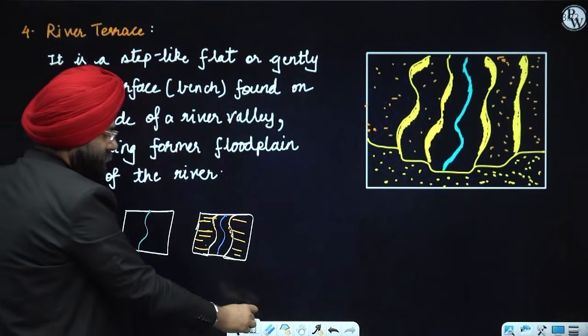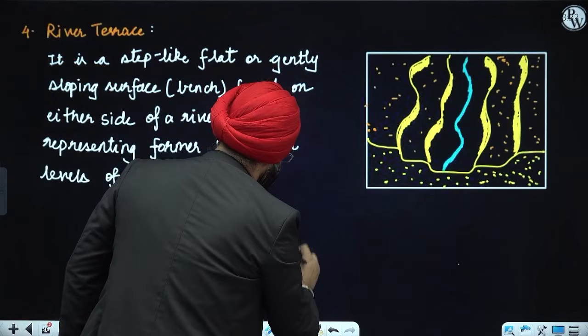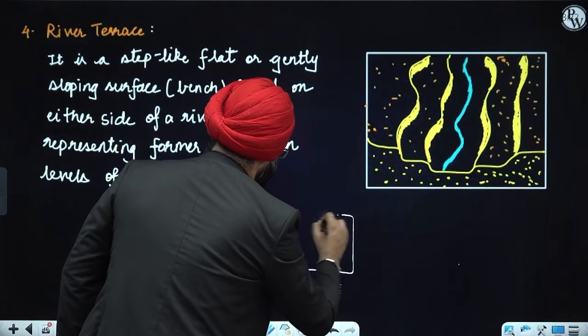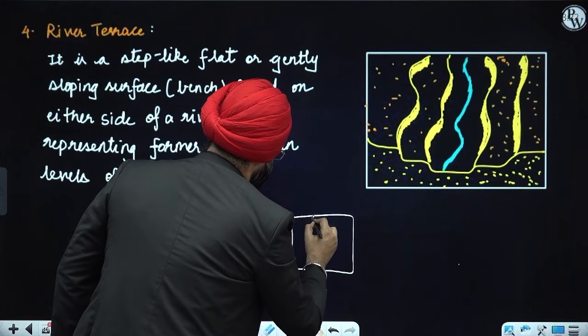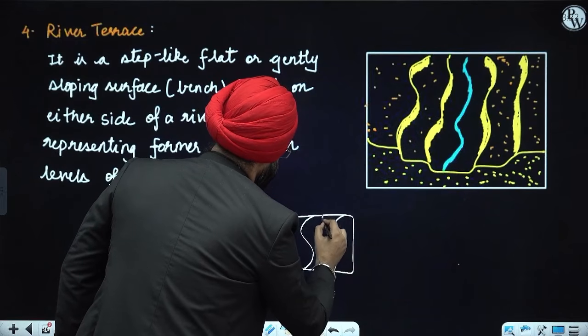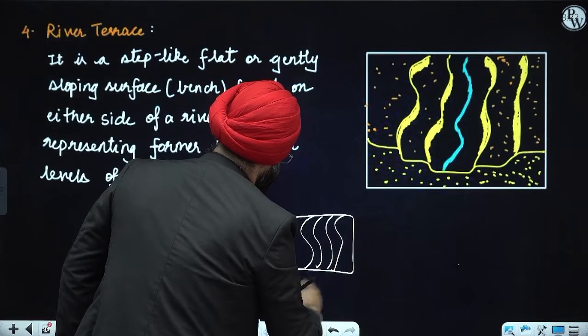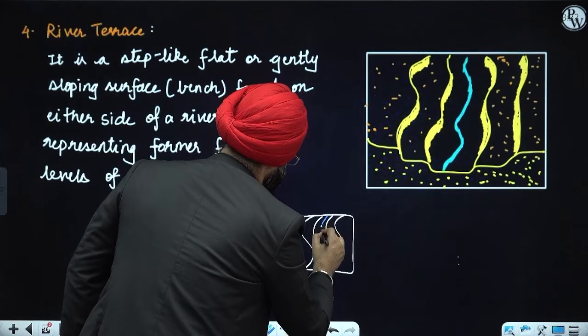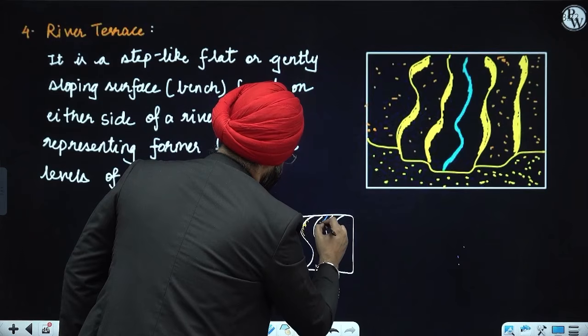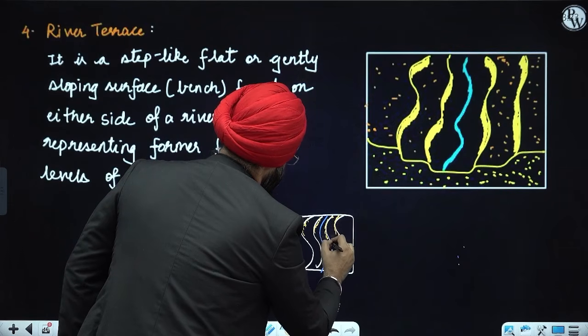Now, further, if the base level falls and erosional activities continue, what will happen? Further it has gone.